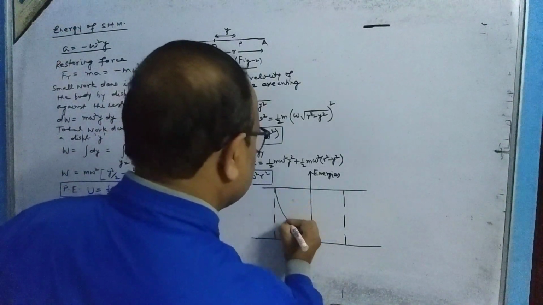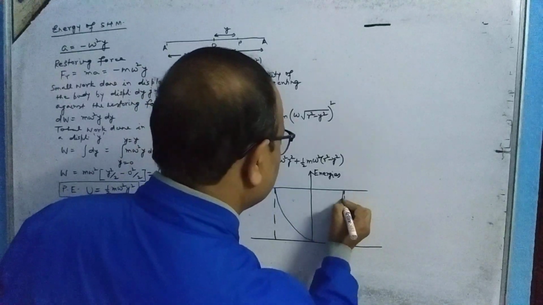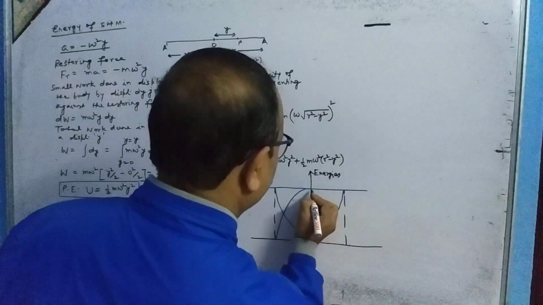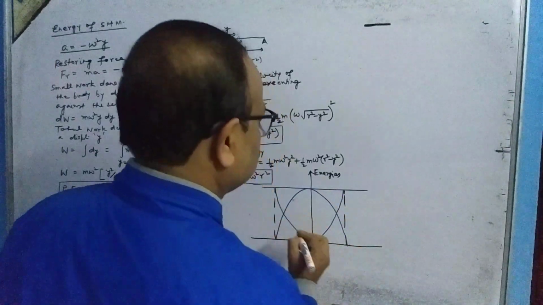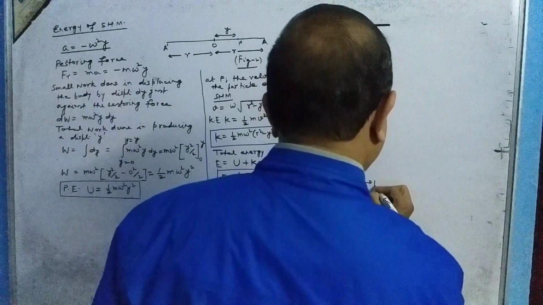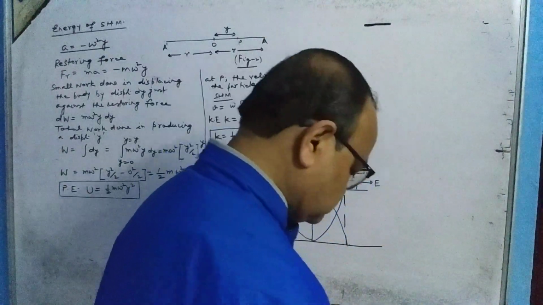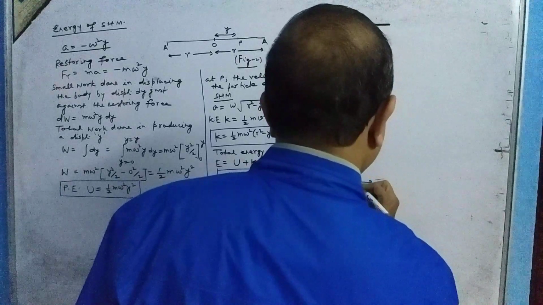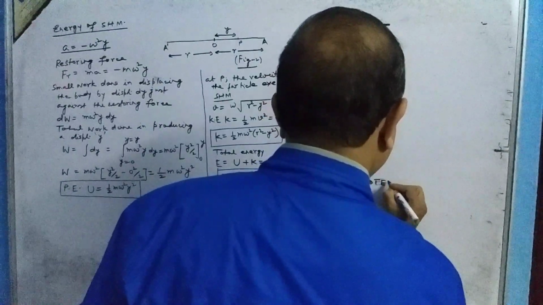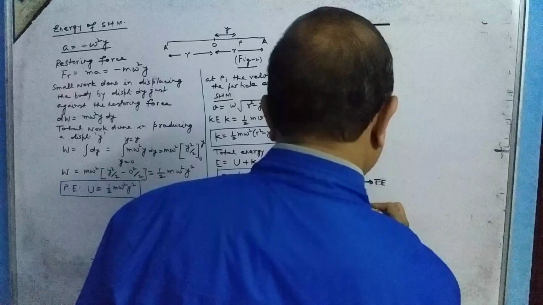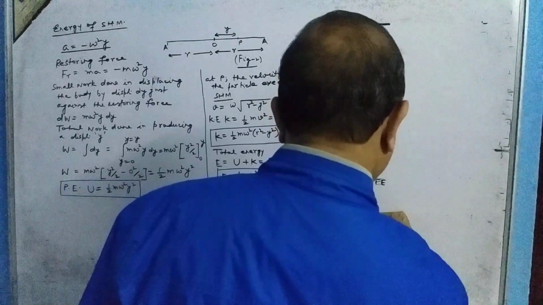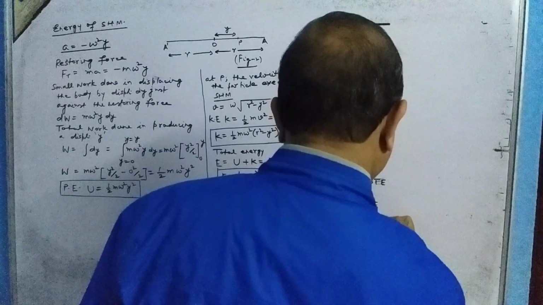Another one is U-shaped and another is just inverted like this, dome shaped. This is capital E, I can mark it the total energy. This is the potential energy and this is the kinetic energy.